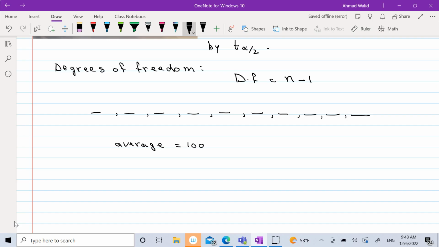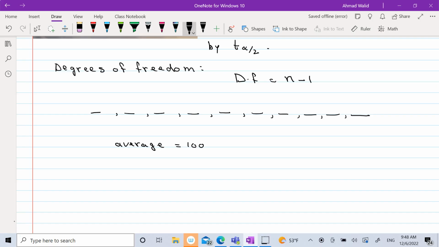Is it possible or not? Some of you may say no, some of you may say yes. For example, the easy sample is 10 numbers that give you an average of 100. All of them can be 100, right? 100, 100, 100, all 10, and the average will be 100. There are different ways.